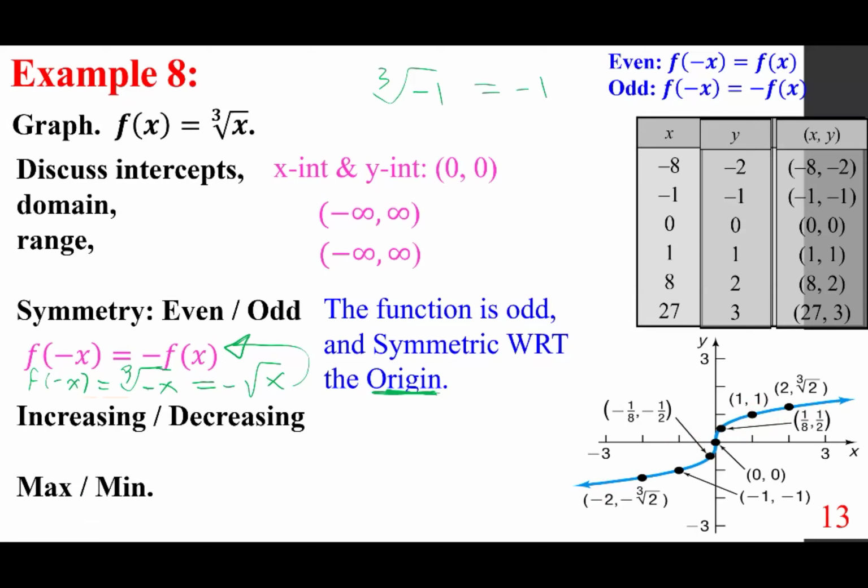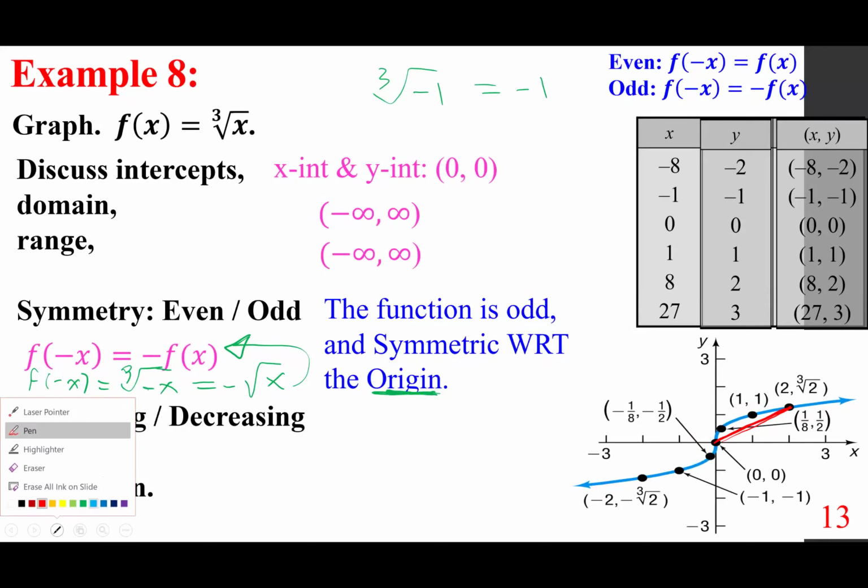If I pick this point, this distance is the same as this distance. Let me use a different color. If I continue the same distance, then I get another point on the graph. That's the idea of symmetry.